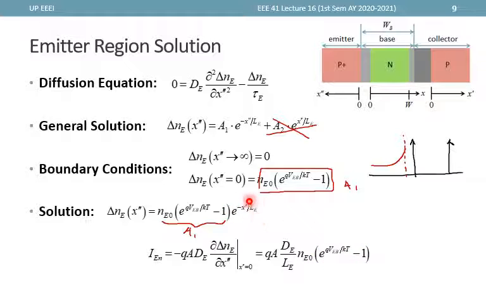The derivative of this one is itself multiplied by minus 1 over LE for the chain rule. So the minus sign disappears and we get this LE, and evaluated at x double prime equal to 0, the exponential is just 1. So we get this expression for IEN.